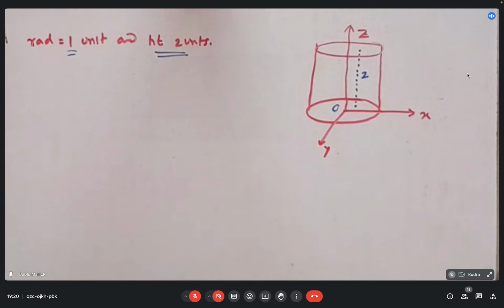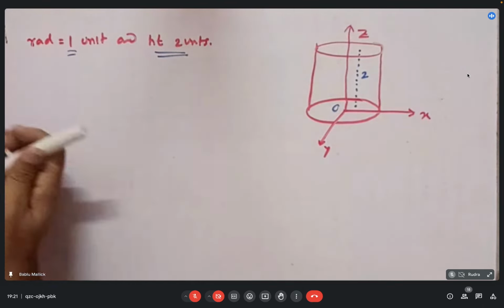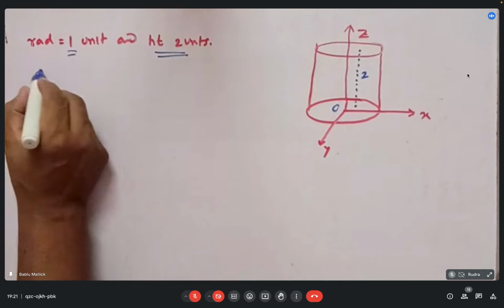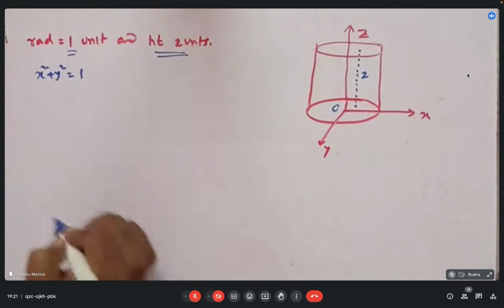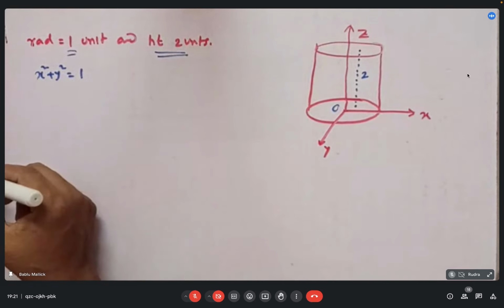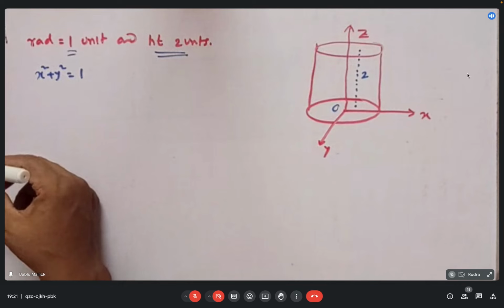Write: let us consider a circle x square plus y square is equal to 1.